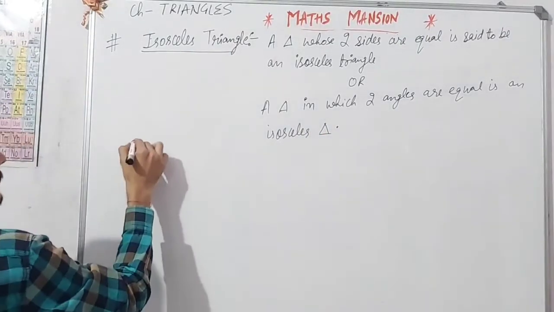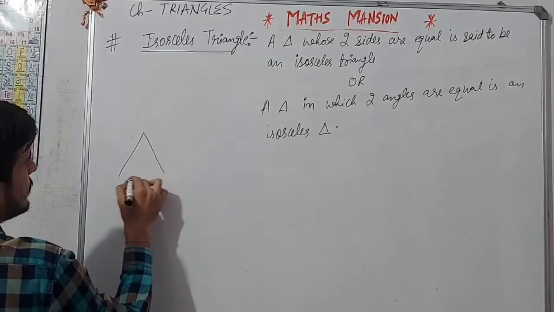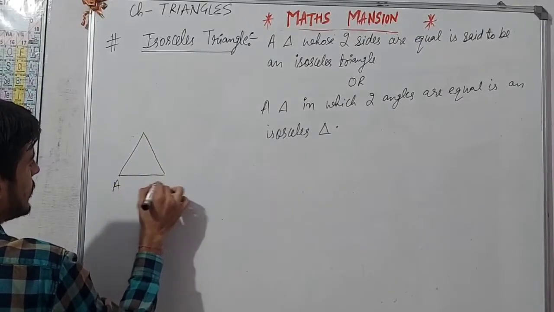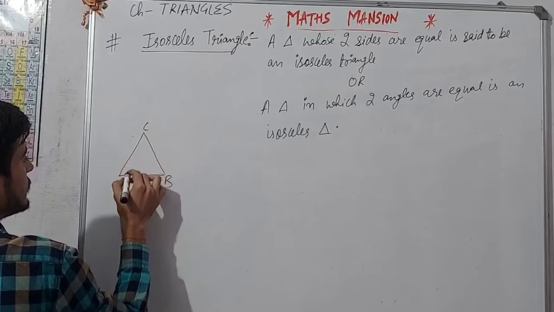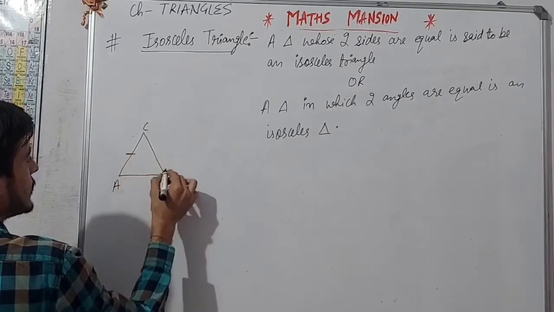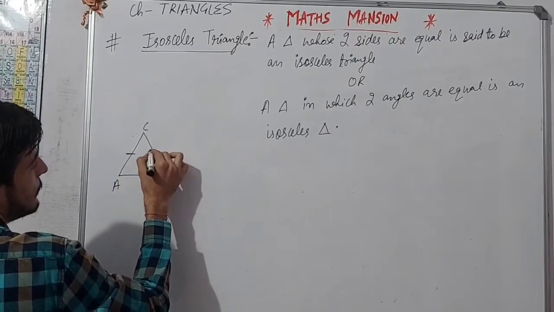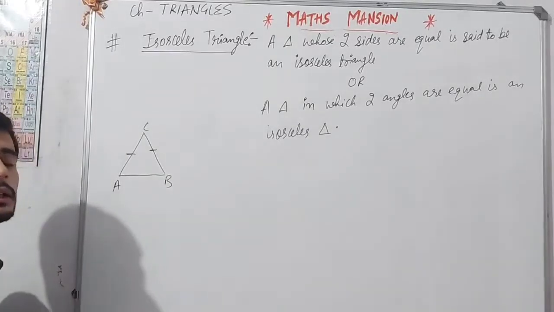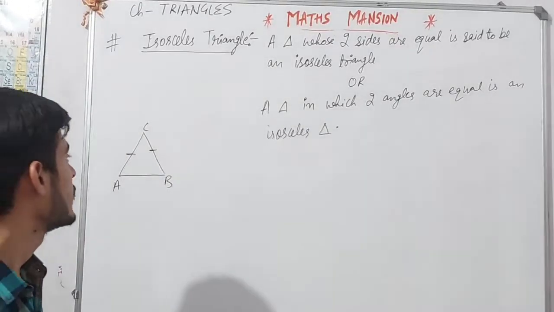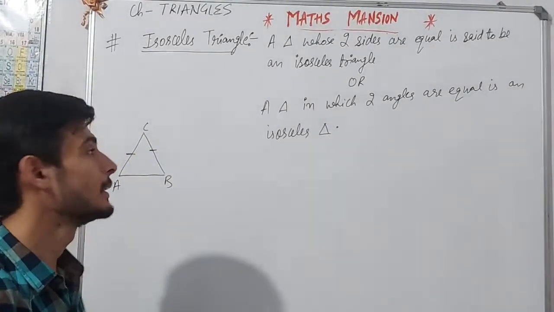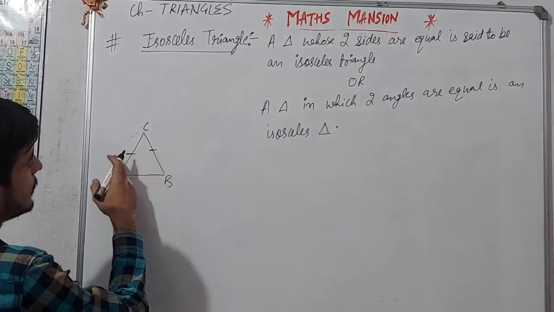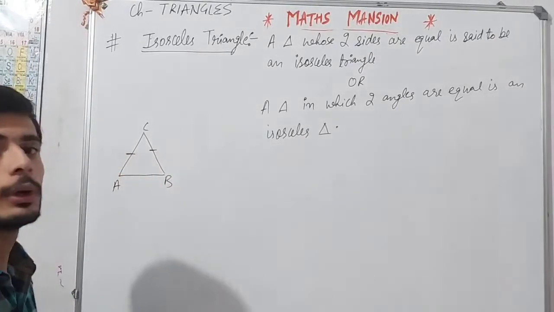Symbolically, a triangle ABC is said to be isosceles if side AC is equal to side BC. And the other interesting thing of isosceles triangle is that the angles opposite to the equal sides are also equal.